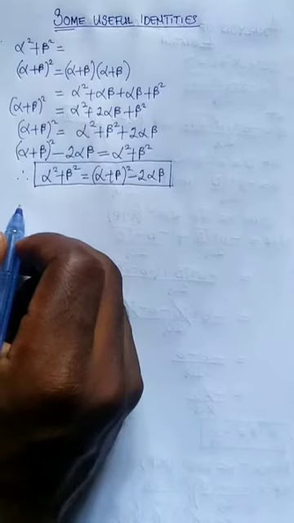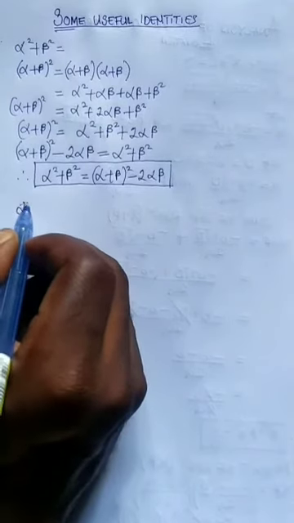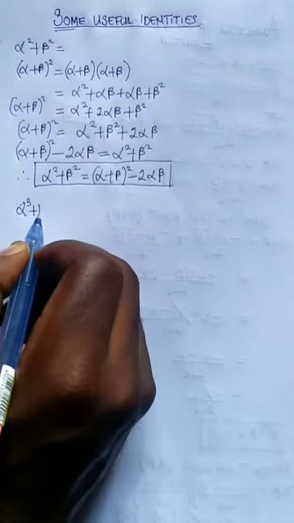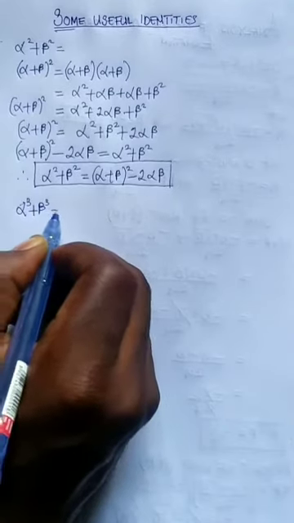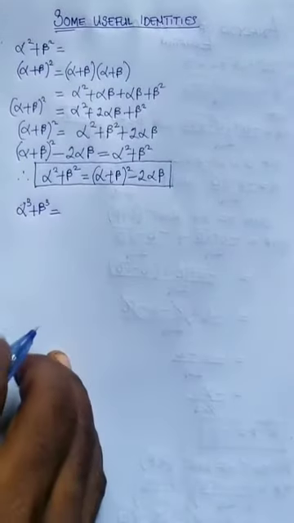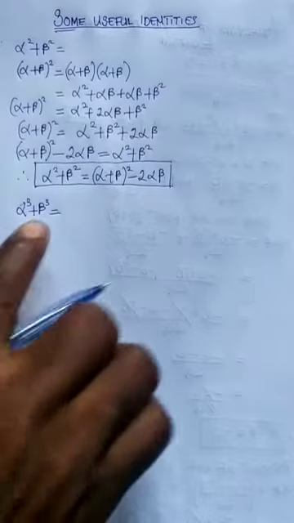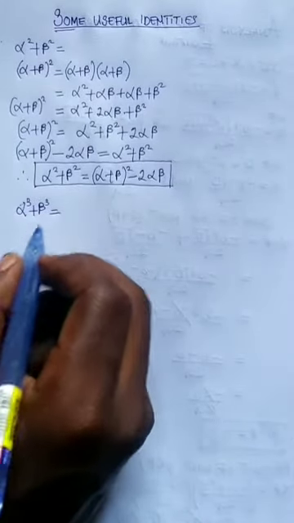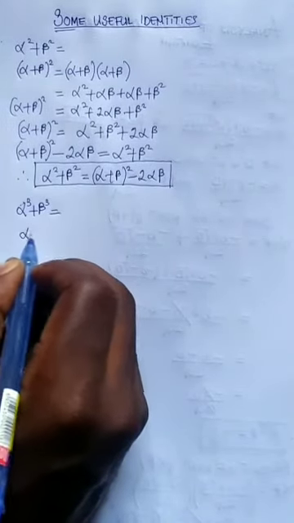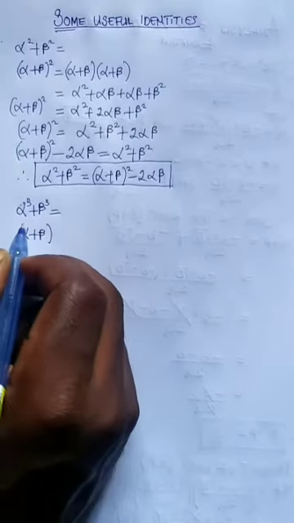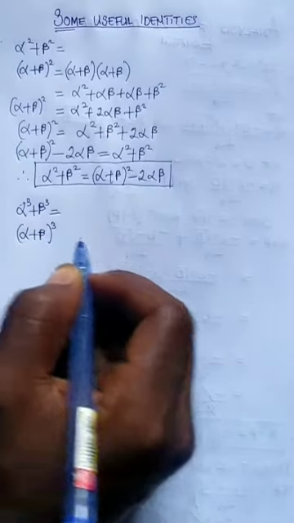The next one we have is alpha cube plus beta cube. We need to know the relationship. Now we know that we can see alpha cube plus beta cube in alpha plus beta all cube, right?